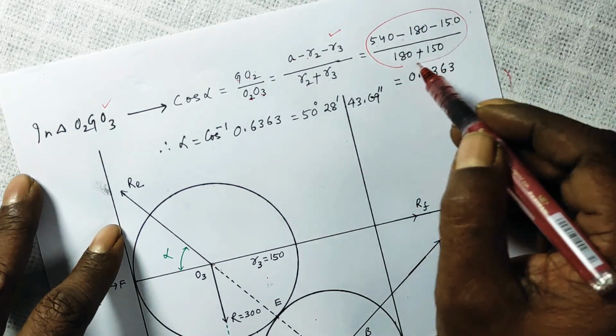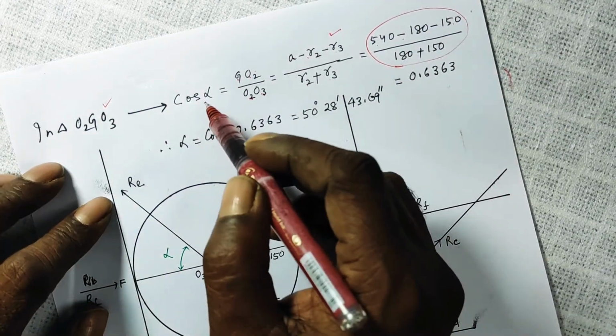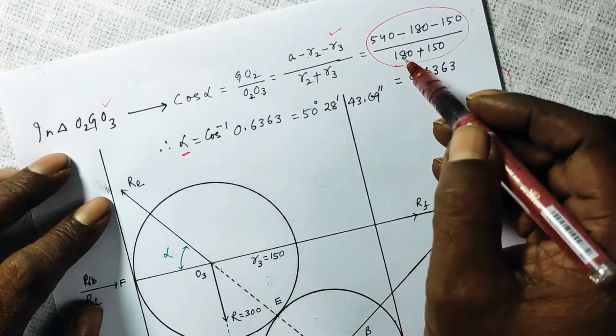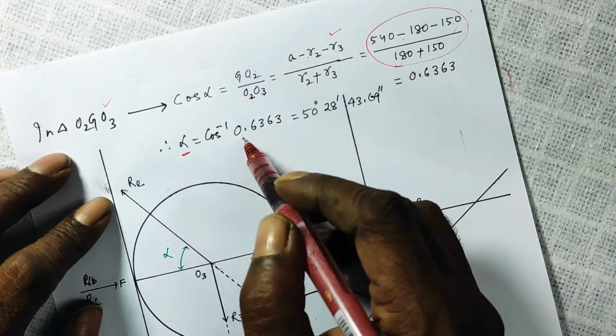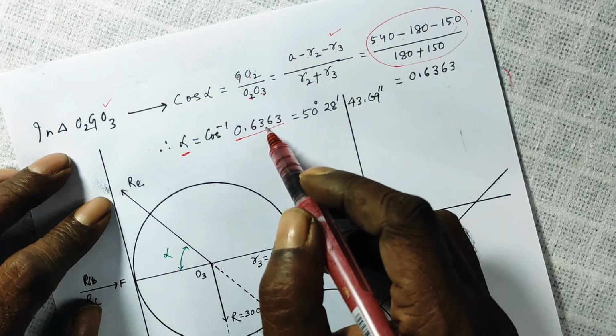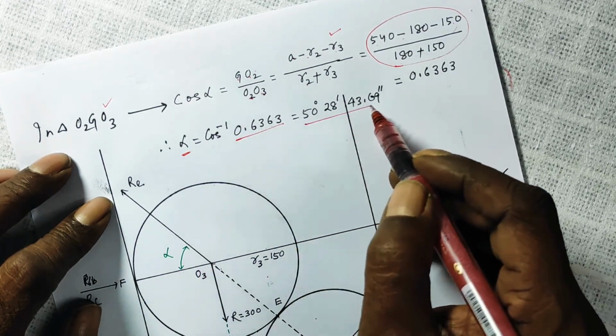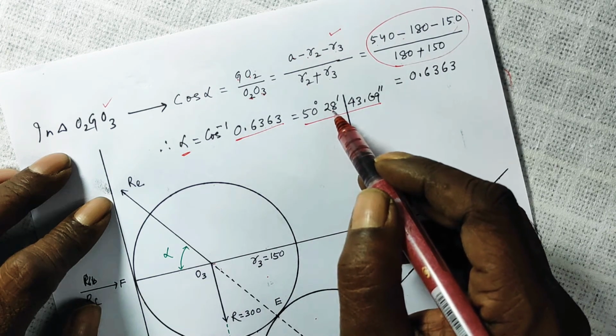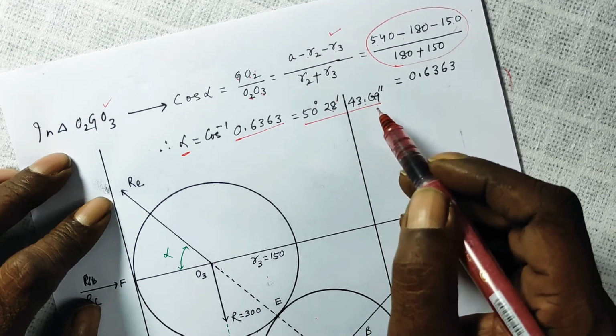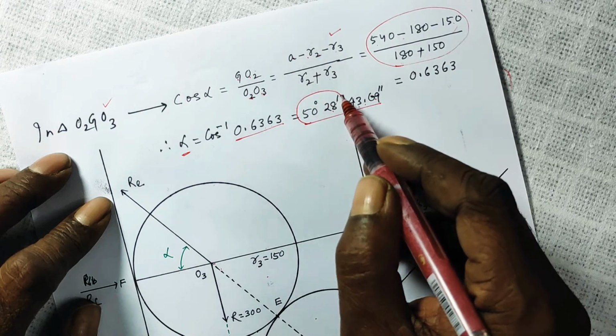Now put these in a scientific calculator. So cos alpha comes out to be 0.6363. So alpha is equal to cos inverse of that. That comes out to be 50 degree, 28 minute, 43.69 seconds of arc. I will only consider this much.